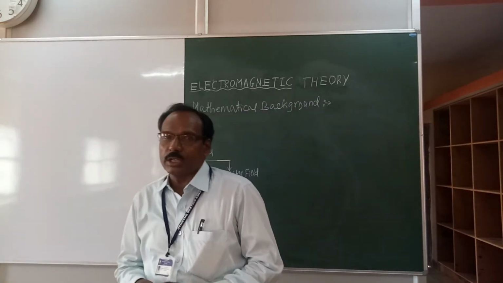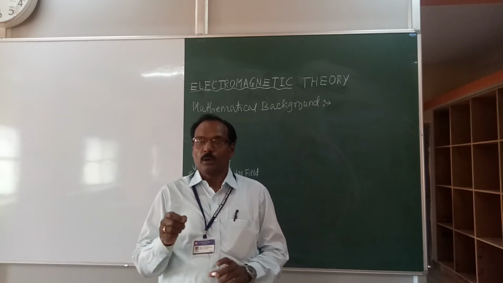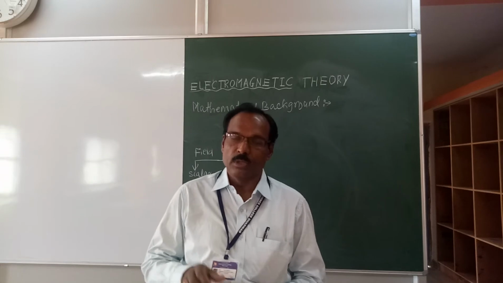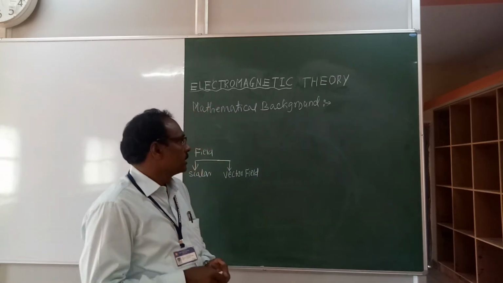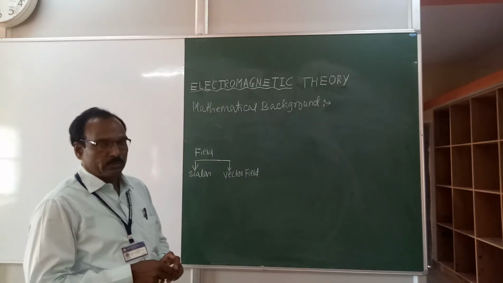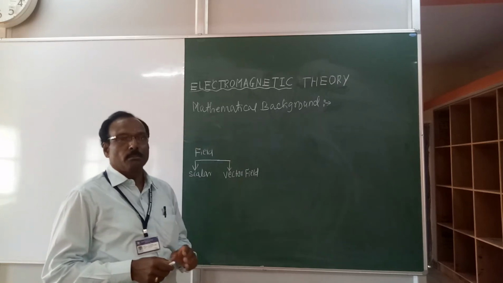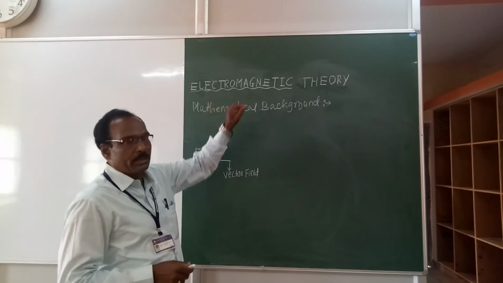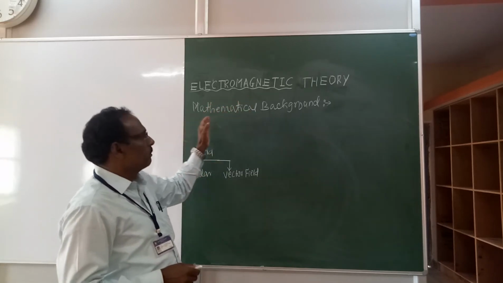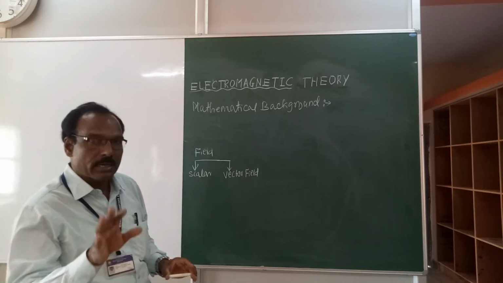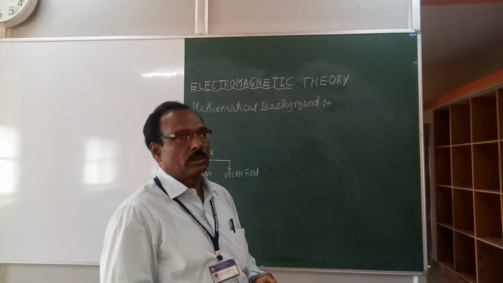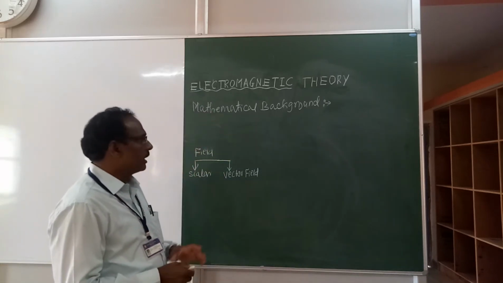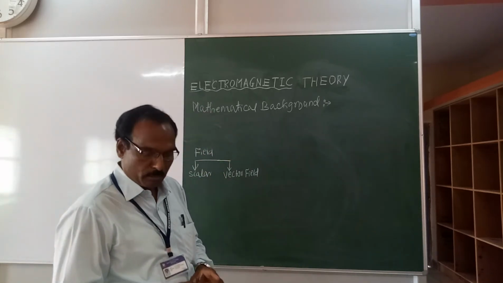We are using three theorems: Gauss theorem, Stokes theorem and Green's theorem, without proof, and that comes under mathematical background. So the first part of electromagnetic theory, that is mathematical background, I have already uploaded the notes on this. Please go through the notes, and if you have any doubt, do contact me.